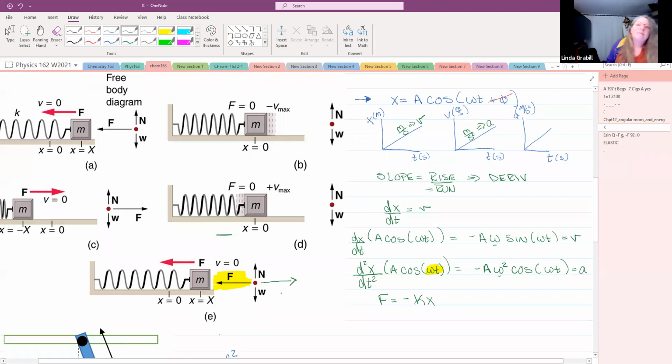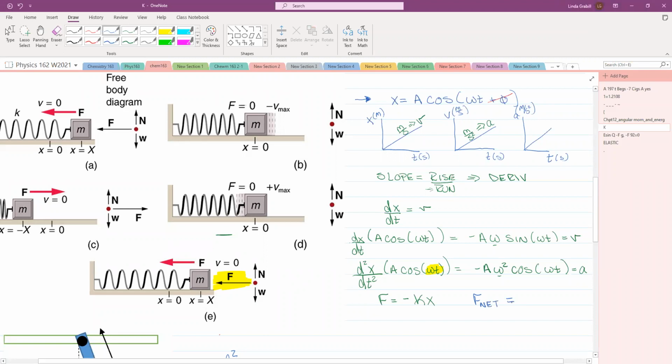So if I don't have another force, then I most definitely have a net force. So I have F net, and what does F net equal, just in general terms? ma. Yeah, perfect.